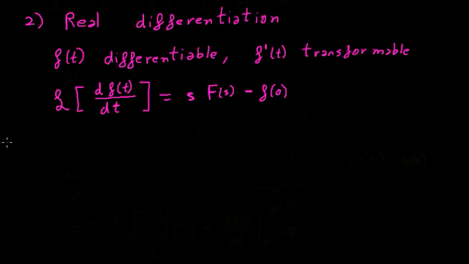As we can see, a complex operation like differentiation has been replaced by a simple one, which is a simple multiplication. Now we can go on and tackle the second derivative of f of t by applying the same principle.